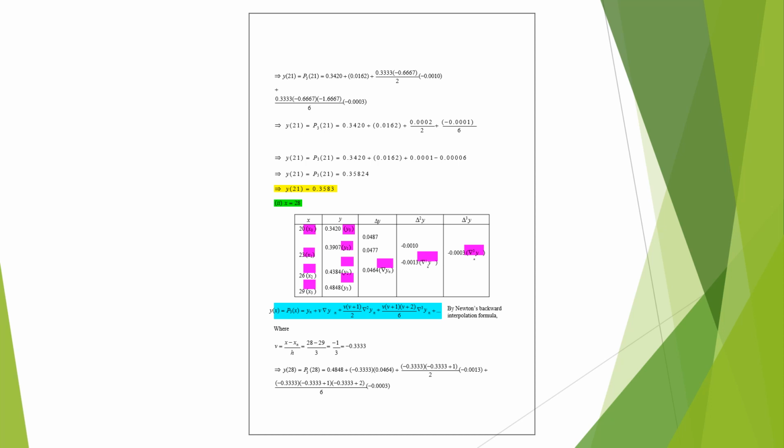So here v is equal to x minus xn divided by h. So the value of x is 28 and the value of xn is 29.